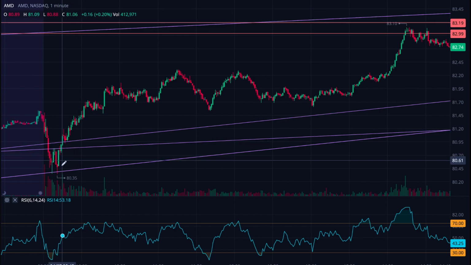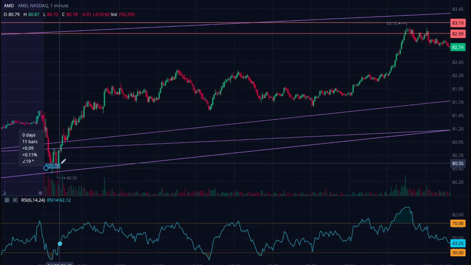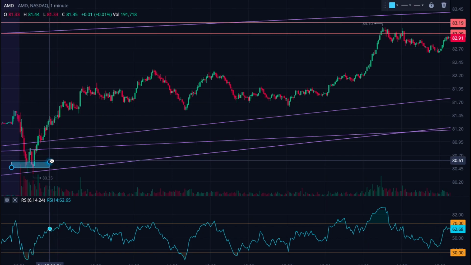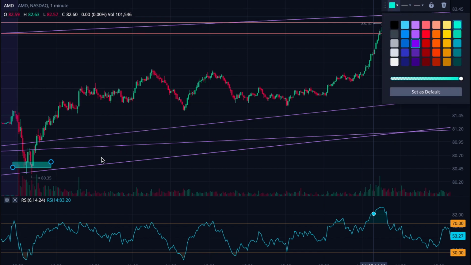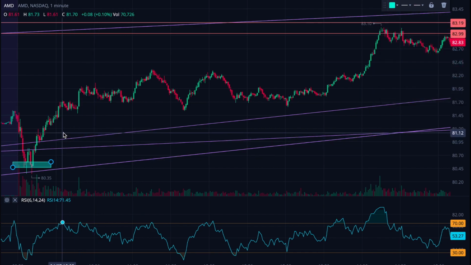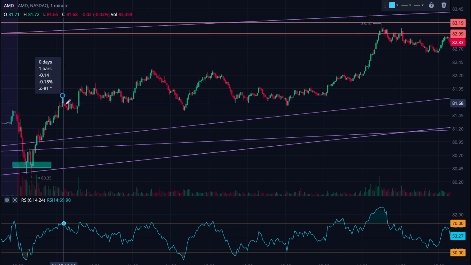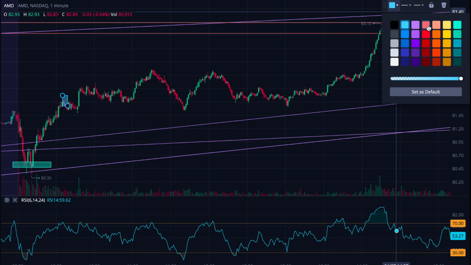So you would have bought here, and let's make this green because that's where you're going to buy. And then you're going to sell out when it gets overbought. If you were really strict, it did hit 71 there, so you would have sold out there. Where was it? 71, okay. So right in this area, let's put the red, indicating that you sold.